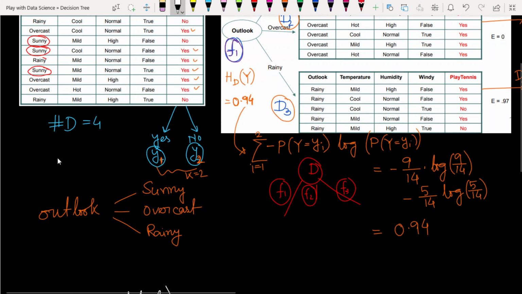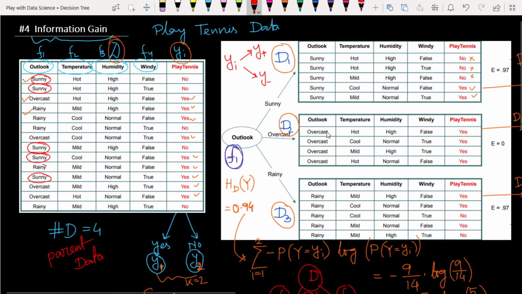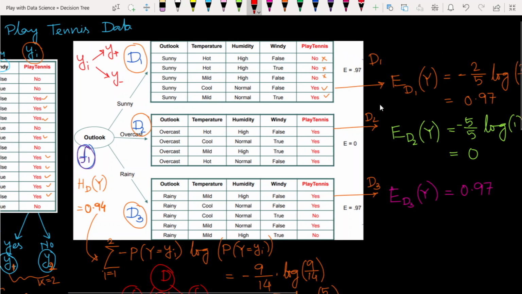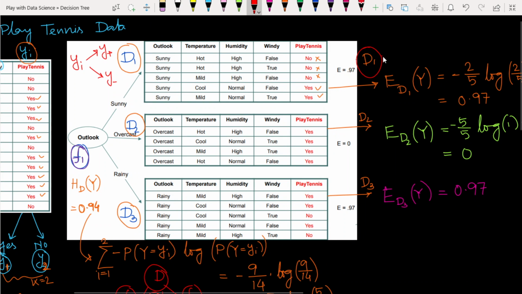In another language, we call this data the parent data, and this data is called the child data of D.